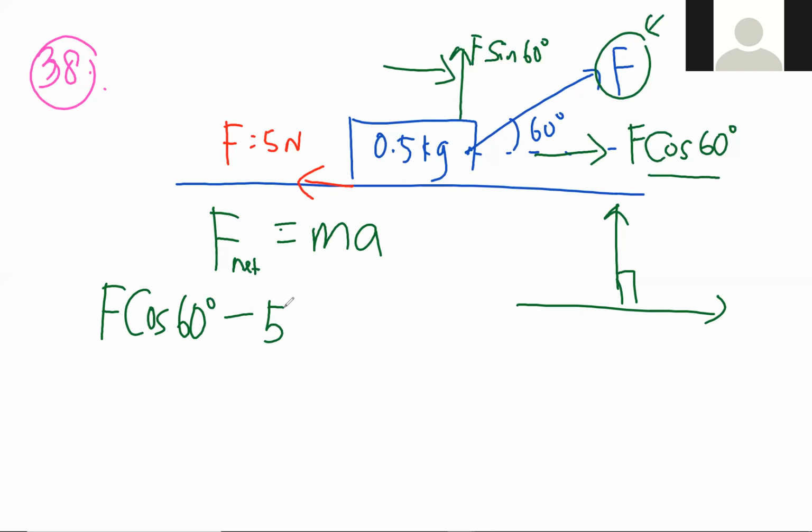Because F cos 60 must be bigger. Why? Because the direction of motion is acting to the right. So you take the bigger minus the smaller one. That is the resultant force, equals 0.5 times the acceleration. We don't know the acceleration, right?